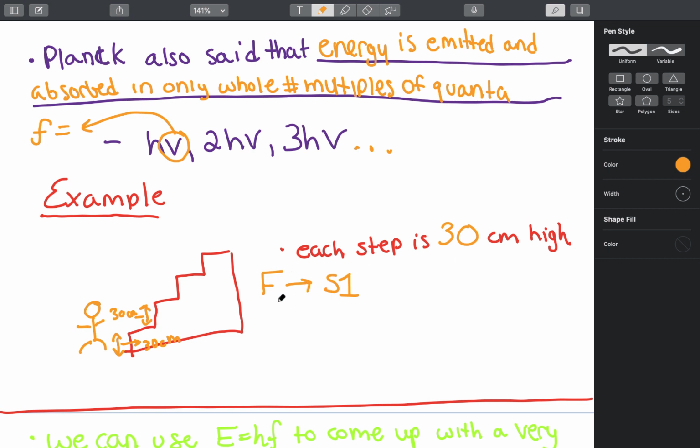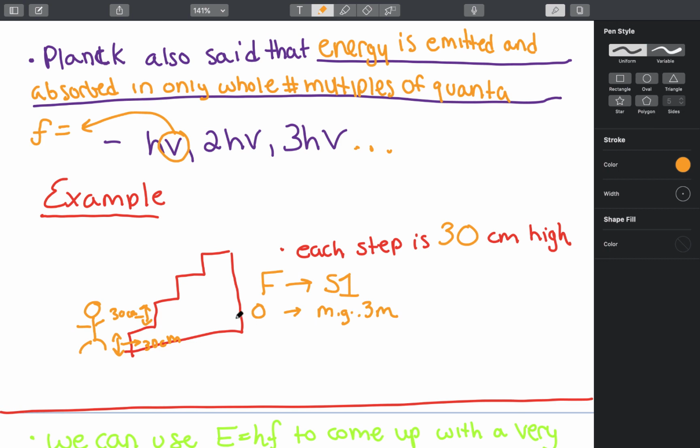Therefore, the potential energy would increase from 0 to m times g times 0.3 meters from the floor to step 1.